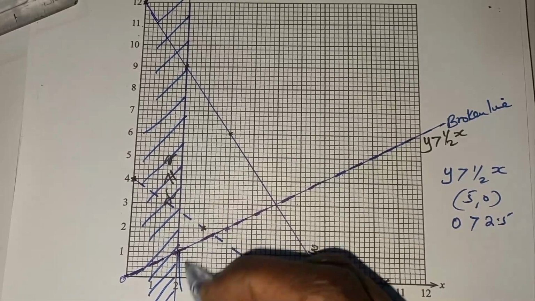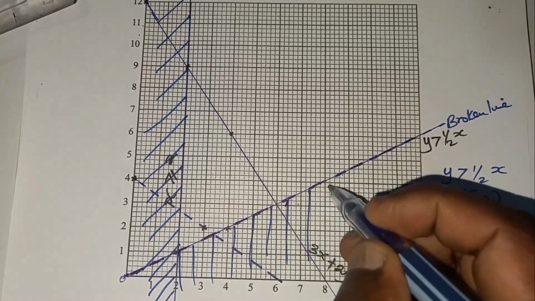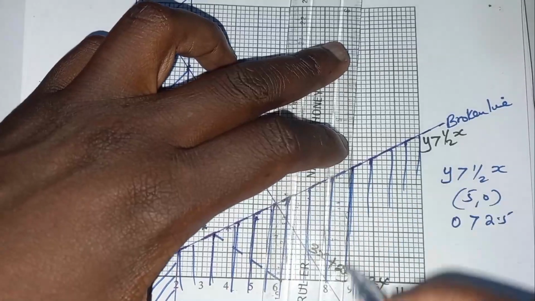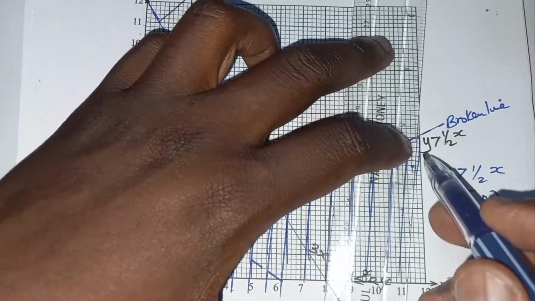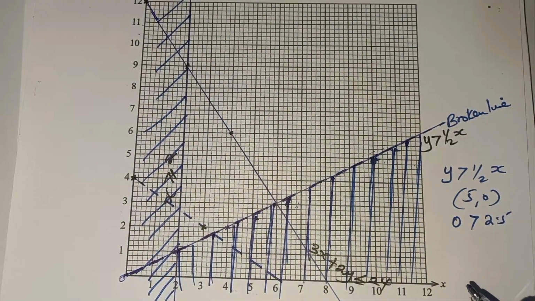This side is unwanted because the point I picked has not satisfied the inequality y is greater than half x. Now from there, the other line is this.